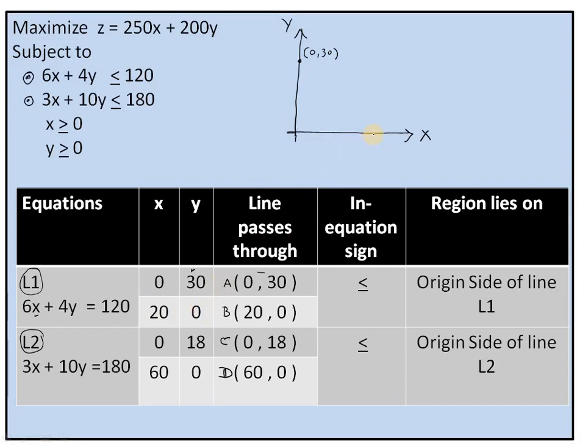So it is on the x axis. So this is 20. This is point B and this is point E. Now this is line AB, which is L1. This is line L1.